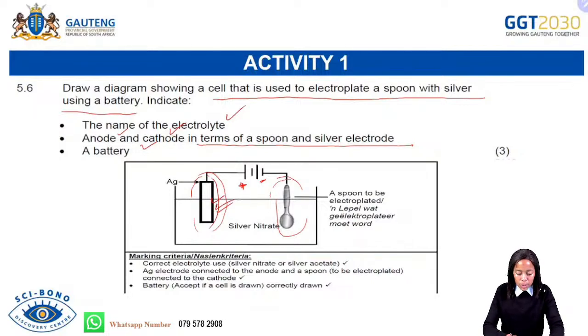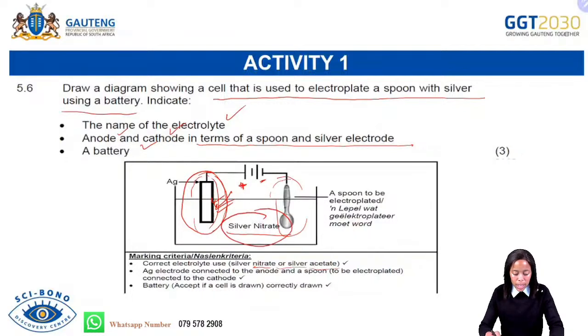And again, if you are plating with silver, the electrolyte needs to have whatever you have there as your metal for the silver. So again, when it comes to the marking criteria here, it says that you need to use the correct electrolyte. So it will be your silver nitrate or silver acetate.